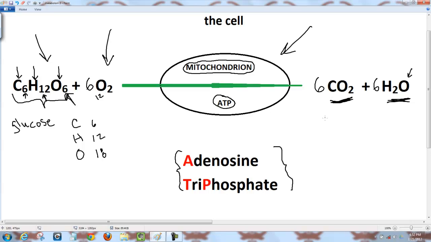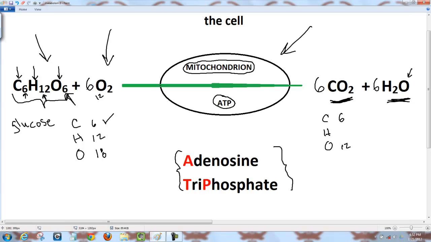So let's take a look here again. We'll do C and H and O. 6 CO2s, so that means we have 6 C's. That checks out. We have 6 O2s, which is 6 times 2 is 12 of those.